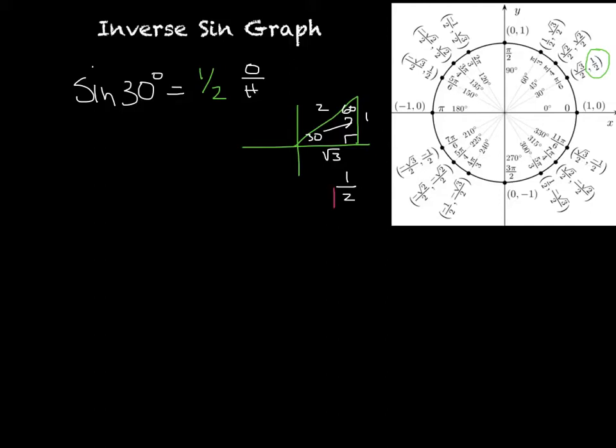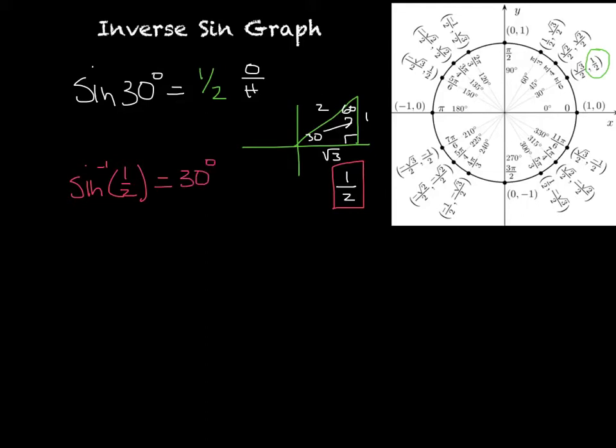All right, 1/2. Now, what we're going to do with inverse trig is we're going to say backwards. What is the inverse sine of 1/2? And so your answer is going to be 30 degrees.